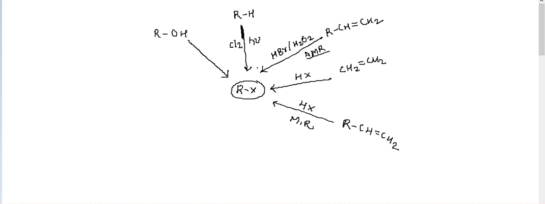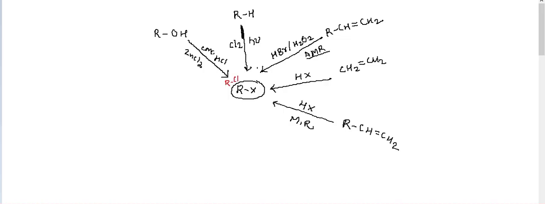From alcohol we can prepare RCl specifically by using concentrated HCl and ZnCl2. This is called Lucas reagent. So we will end up with RCl as a specific product.